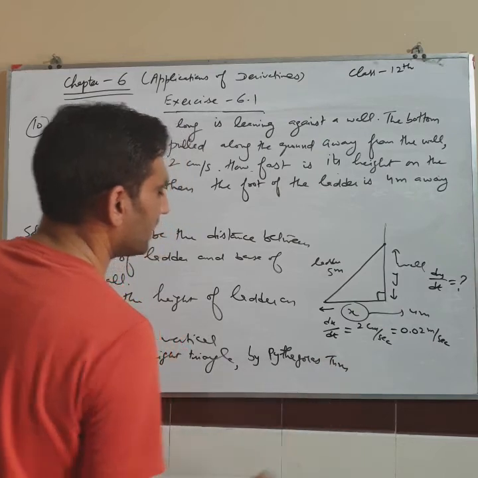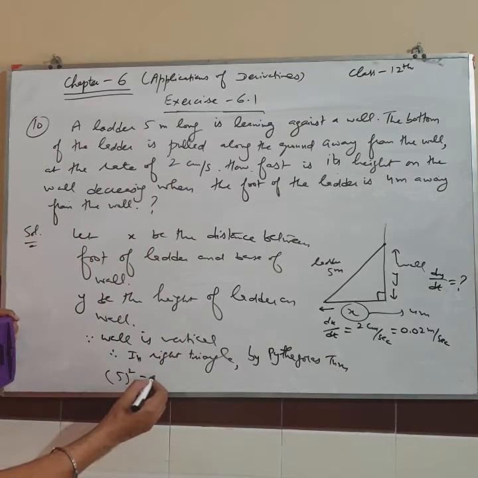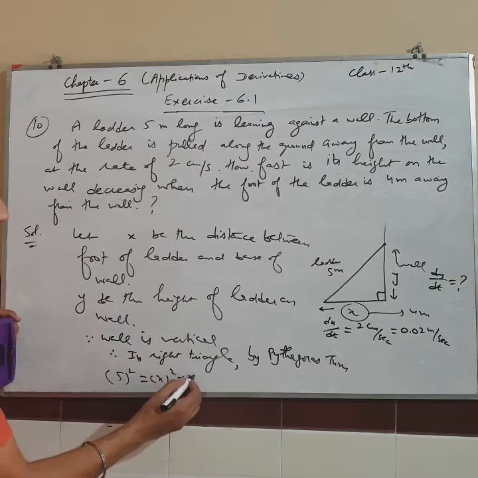What is Pythagoras theorem? Hypotenuse square equals base square plus perpendicular square.